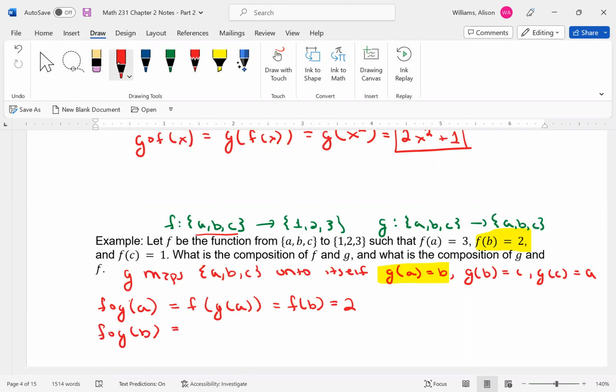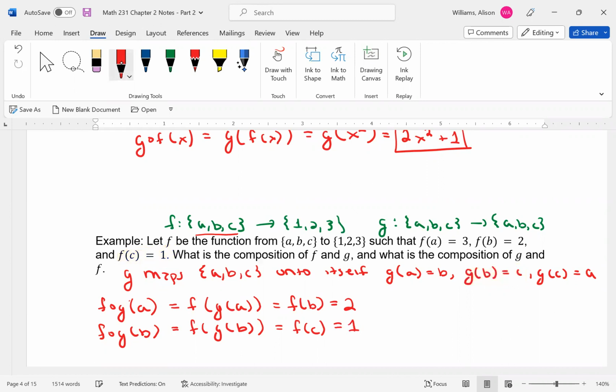Okay, so we're going to find F of G of B. G of B is C. So this is going to be F of C. And F of C is 1. So this equals 1. Yay, we did it.